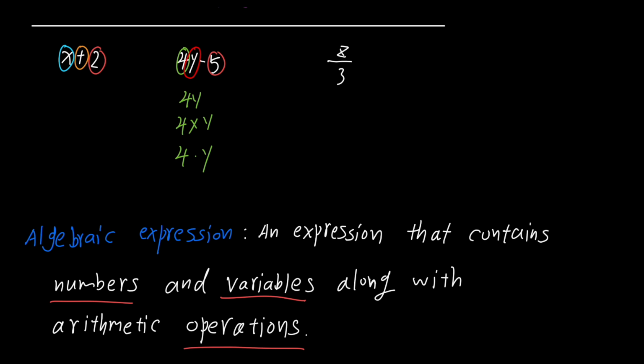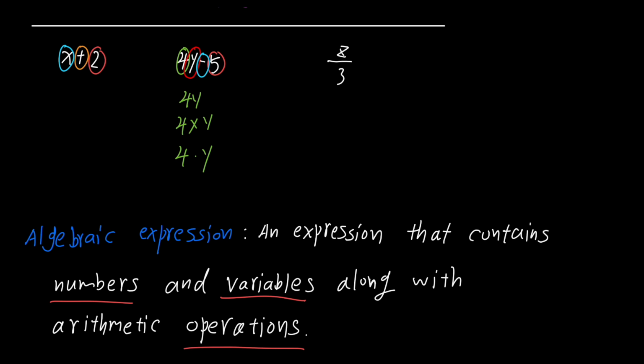Then we have an operation, which in this case is subtraction. So they are algebraic expressions because we have numbers and variables and operations. No matter how many numbers or variables or operations, if they have these three elements, we just call them algebraic expressions.